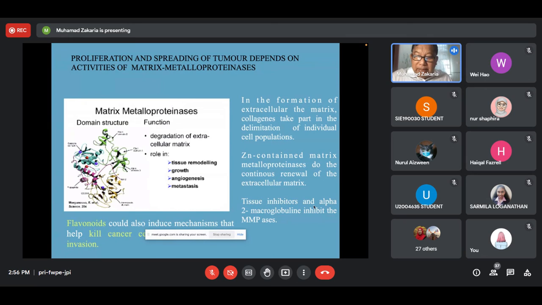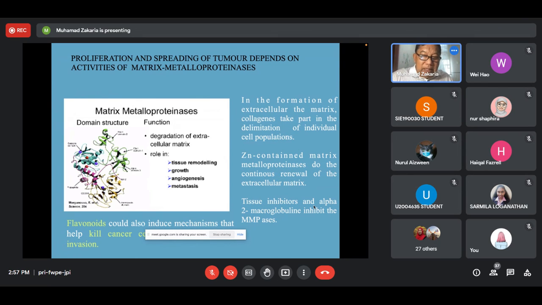Zinc-containing matrix metalloproteinases do continuous renewal of the extracellular matrix. Tissue inhibitor and alpha-2 macroglobulin inhibit MMPs. Okay, so flavonoid could also help kill cancer activity, invasion.